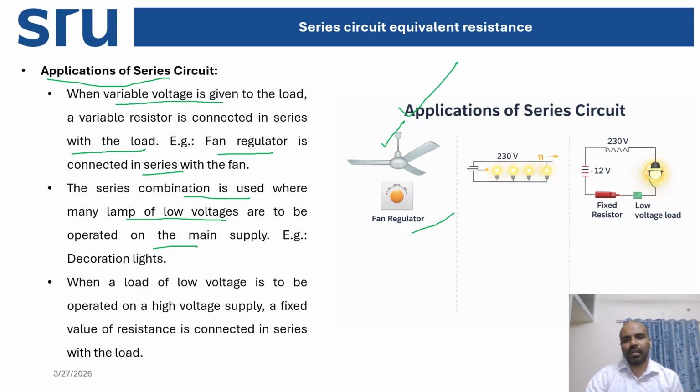And if you want a low voltage load to be operated on a high voltage supply, a fixed value of resistance is connected in series. So we need to connect a fixed resistor in series. So these are the applications of series circuits.